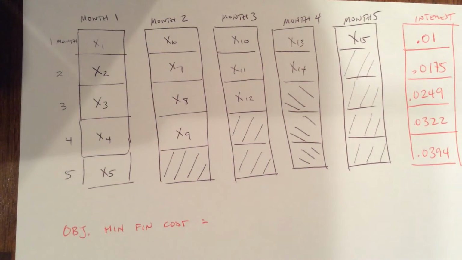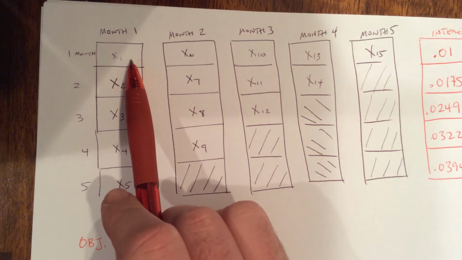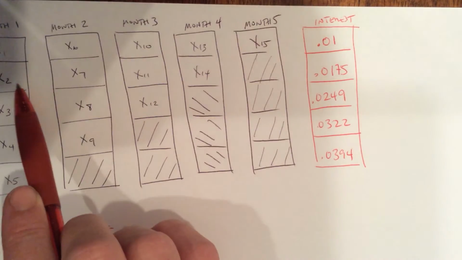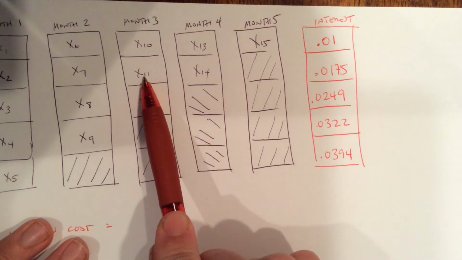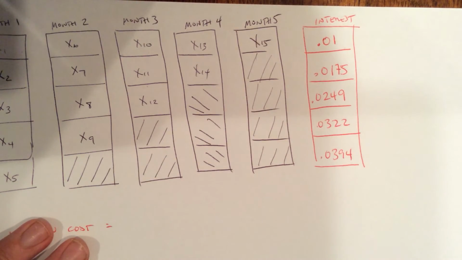All right, so the interest that I accrue for x1 is just the amount of interest I pay for that. For x2, or let's do it right here. So x10 is just that 1%. x11 will be 0.0175 and x12 is 0.0249.